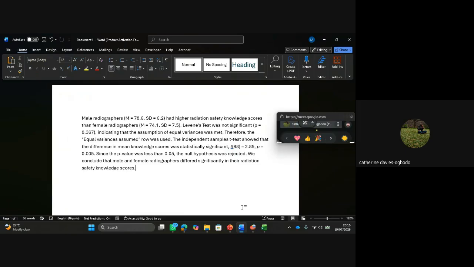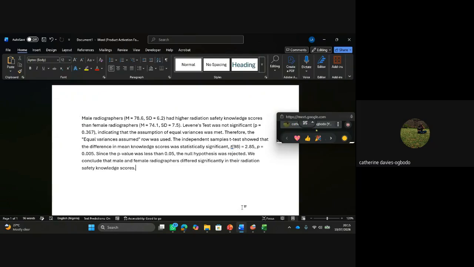We had said that if your p-value is less than 0.05, then you reject the H0, the null hypothesis. But if your p-value is greater than or equal to 0.05, then you accept the H0, right? That's what we said.